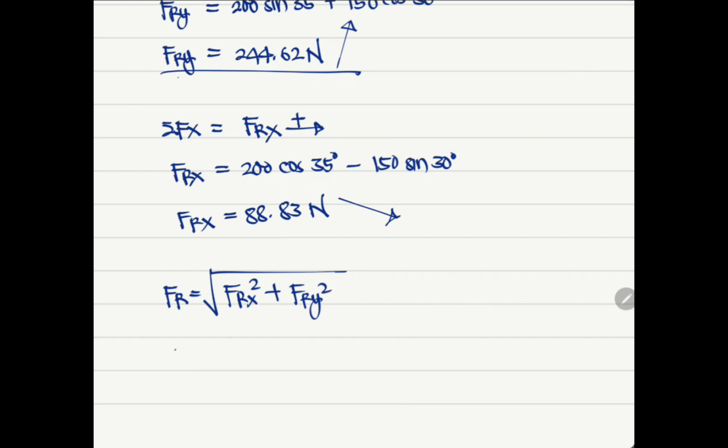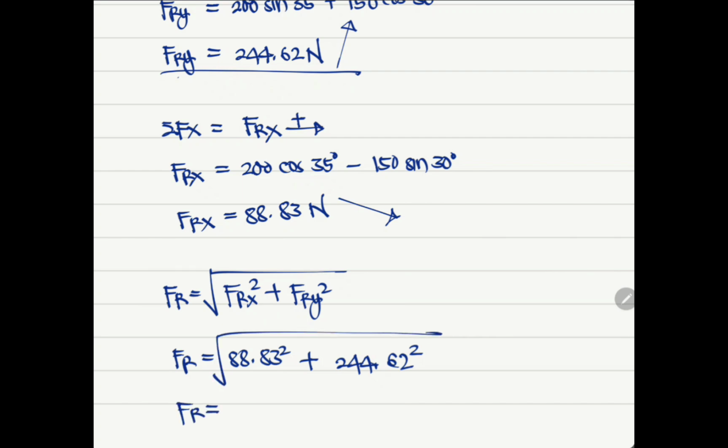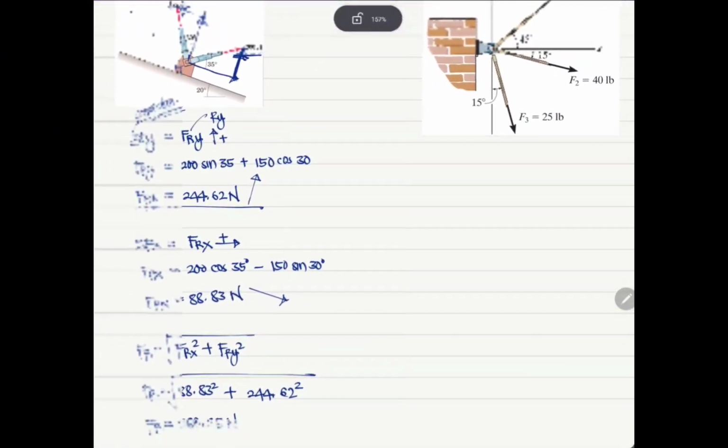FR is equal to the square root of 88.83 squared plus 244.62 squared. So the value for the resultant force is equal to 260.25 newtons.